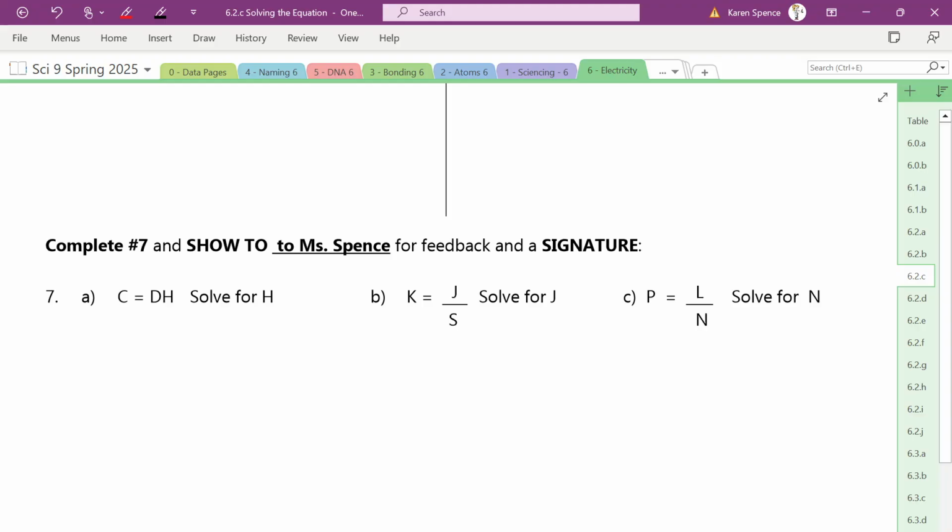Now you're going to do the same thing here, but this time you're solving for I. Basically, put a one under things on both sides. Okay, so for this one, what letter? That's letter I. So I is on the top, and you also want it by itself.